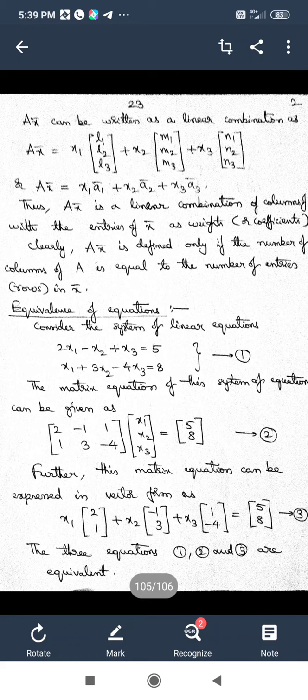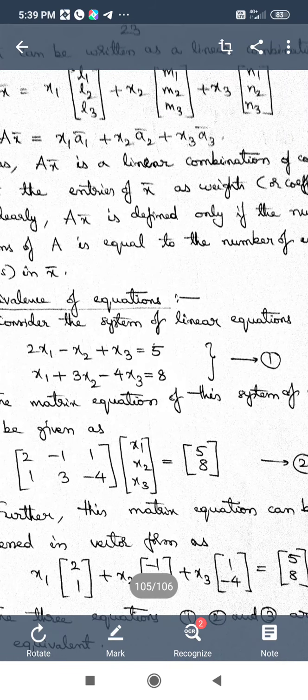In other words, A x bar is equal to x1 A1 bar plus x2 A2 bar plus x3 A3 bar. Thus, what is this x1 A1 bar plus x2 A2 bar plus x3 A3 bar?